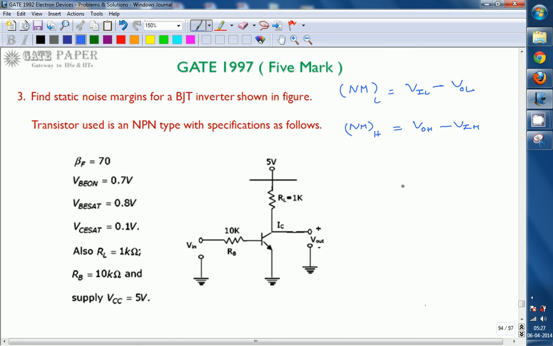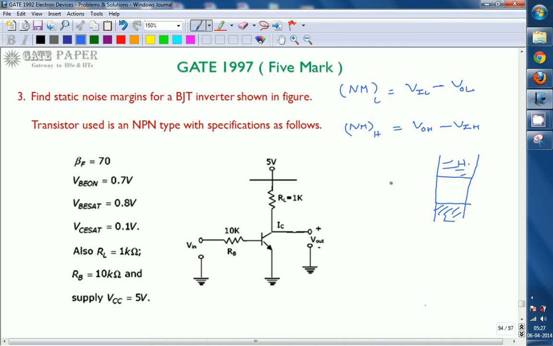VOL, normally the output will be specified as low level. Normally we have two levels of voltages, which are high level and low level.